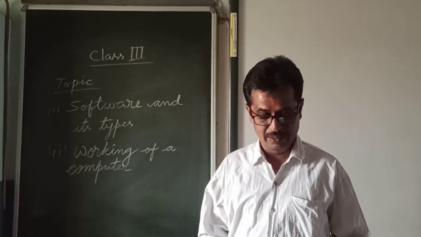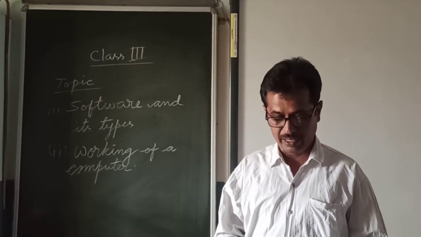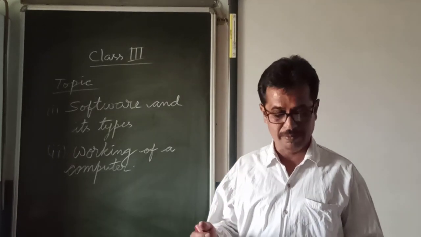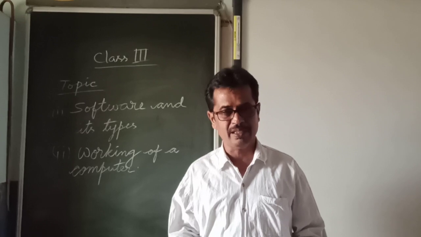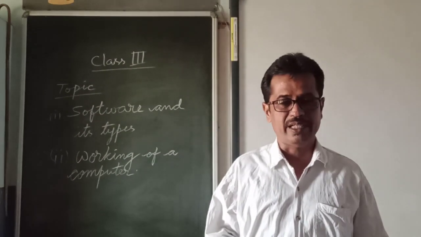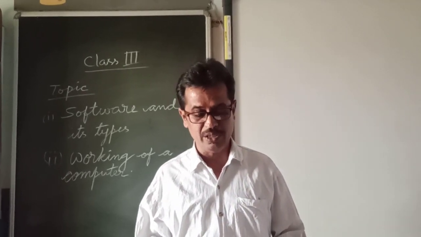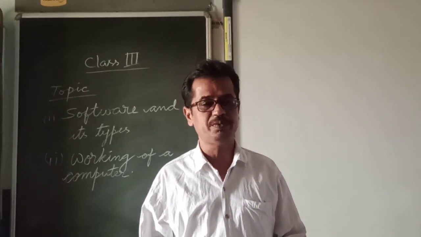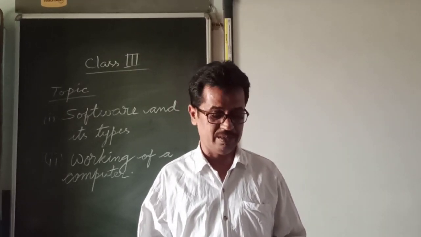Some other hardware devices like touch screen. Touch screen is a computer's screen that is sensitive to a touch. Then scanner. Scanner is a device which can read the text and pictures printed on a paper and store them into a computer. So these topics we have already discussed in the last online classes.